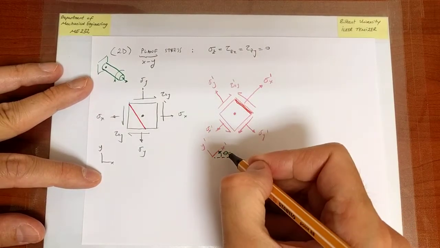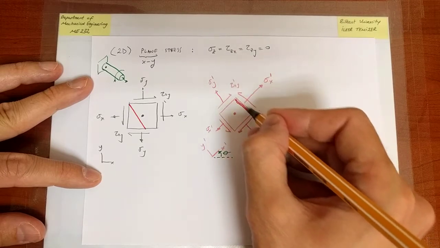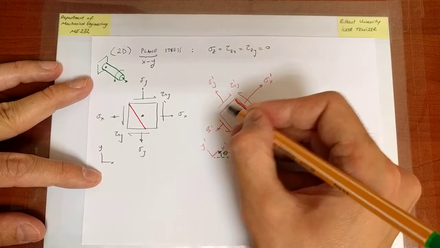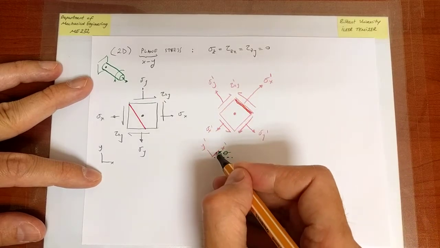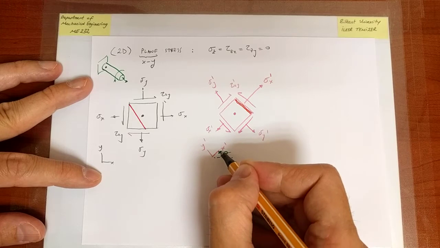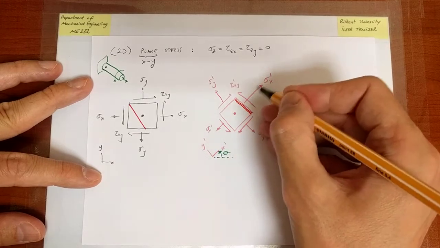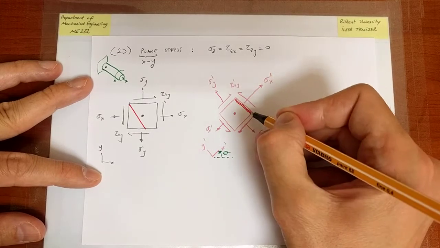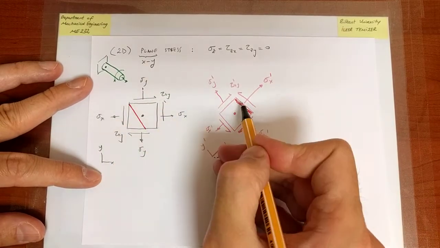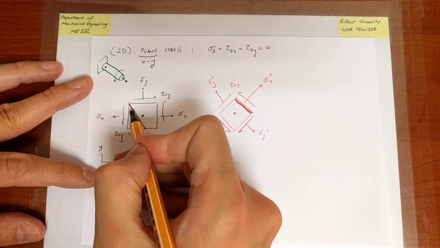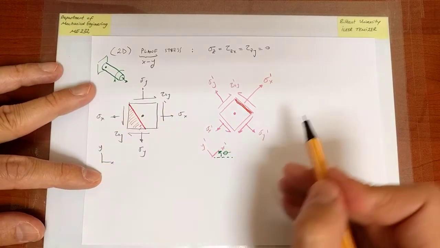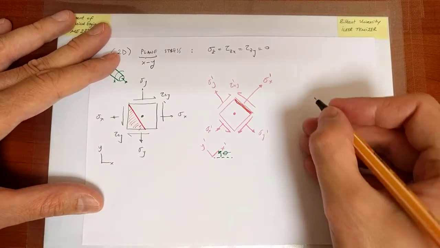I'm choosing theta to mean the orientation of that plane. Now, the orientation of that plane and that plane is going to differ by an angle of pi over 2, or 90 degrees. I'm referring to this angle to indicate the direction associated with the normal to this plane. So once I place that surface on that picture, I'm going to take that chunk of triangle and draw it over here again.